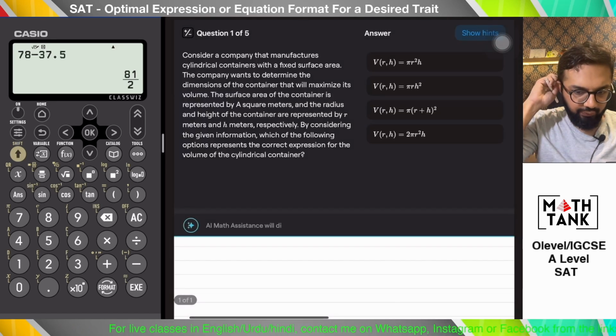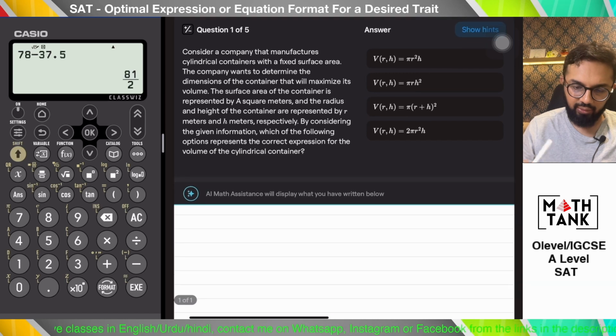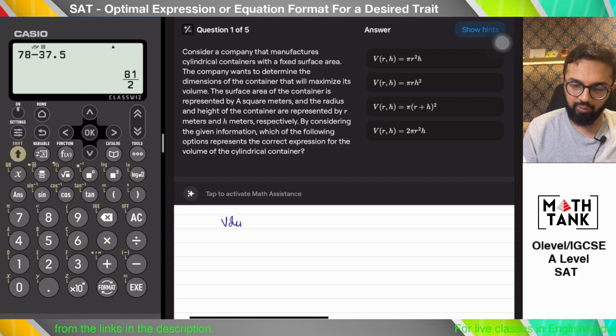Okay, consider a company that manufactures cylindrical containers with a fixed surface area. The company wants to determine the dimensions of the container that will maximize its volume. Okay, so I'm looking for an expression for volume. Cylindrical container, so pi r square h.